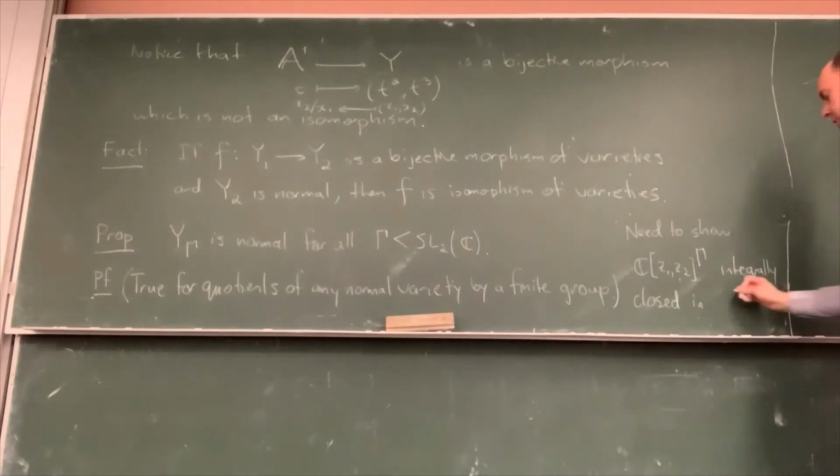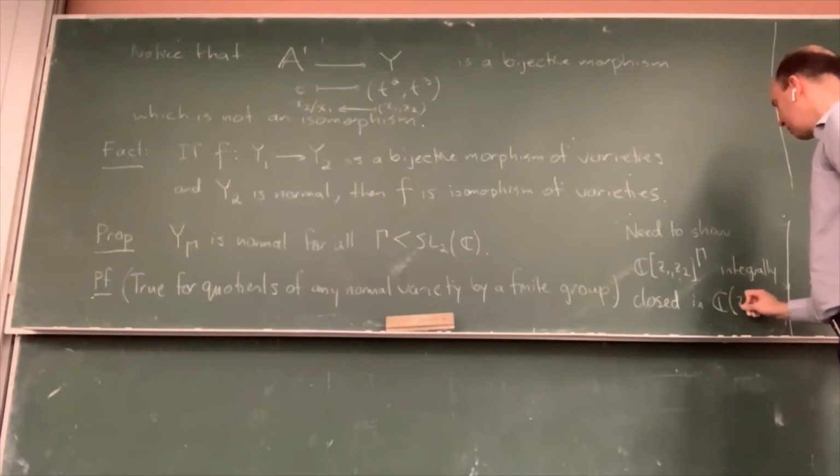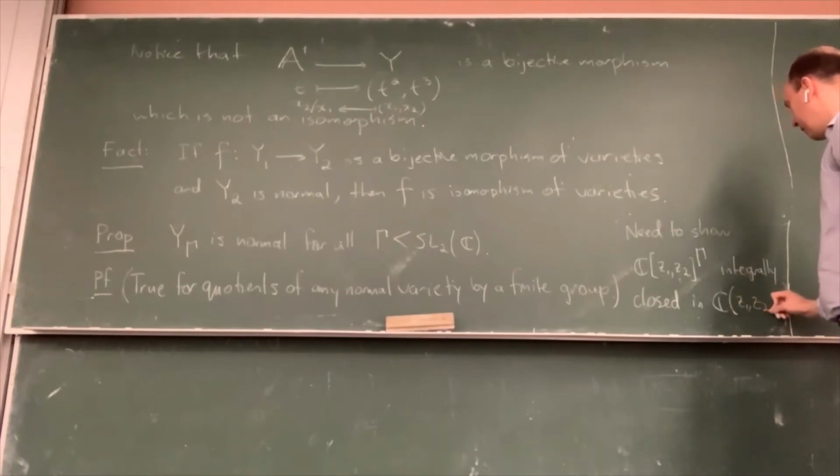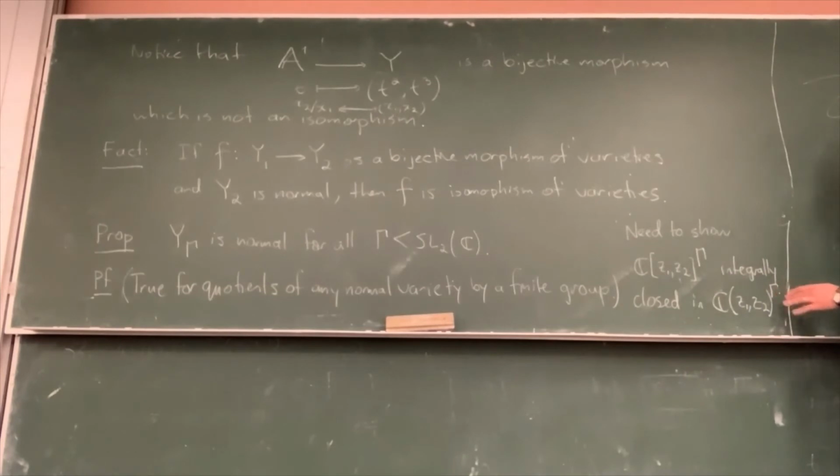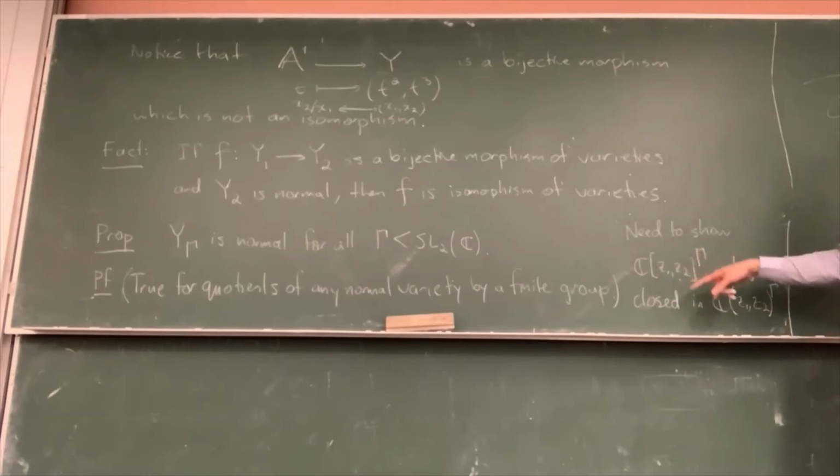Its field of fractions, it's easy to see, is the Gamma-invariant subfield of the field of rational functions in these two variables. So you have to imagine a Gamma-invariant rational function which satisfies a monic polynomial with coefficients here, and you want to show that it actually lies in here.